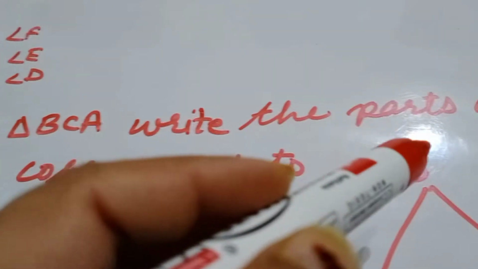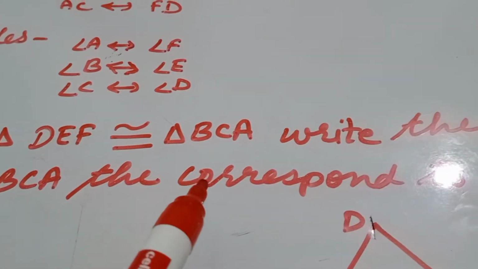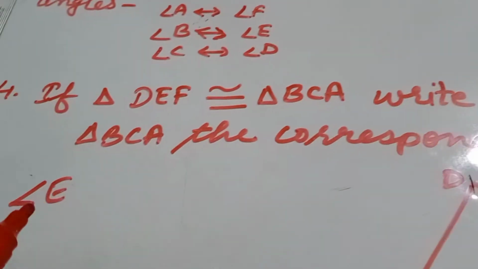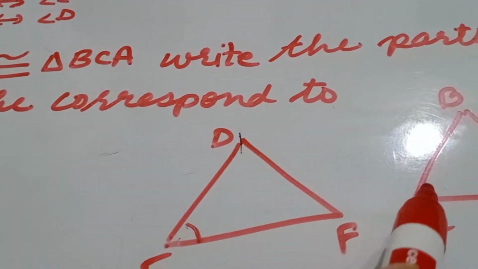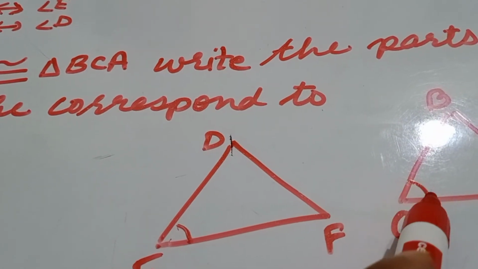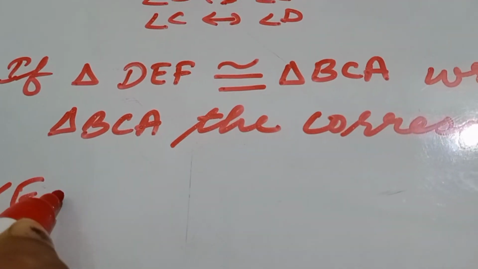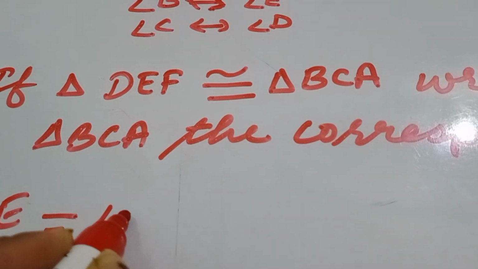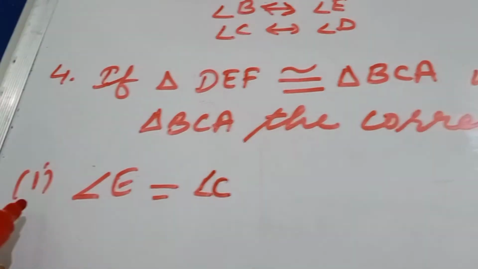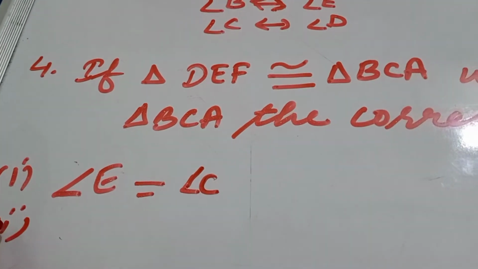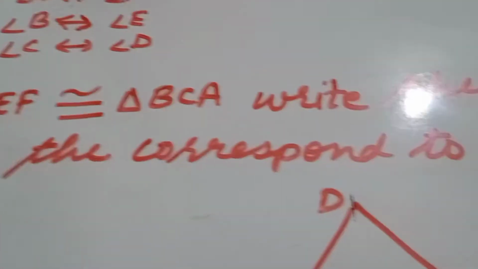Now write the parts of triangle BCA that correspond to the following. First is angle E. So in B it will be equal to angle C, so angle C will be corresponding to angle E. Now the second part, line segment EF.